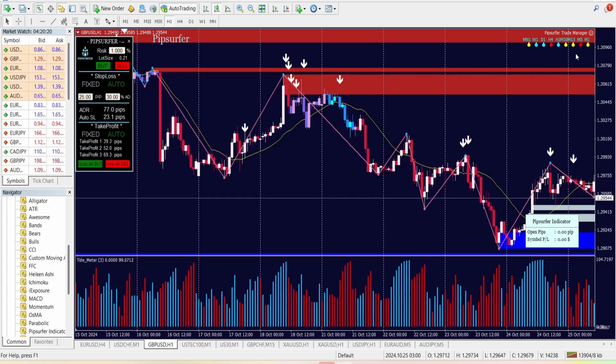Now, the third and final way to look at trend is to look at the market structure lines here. If you're familiar with market structure, an uptrend is higher highs and higher lows. The market is in a downtrend right now, so I'll use that example. A downtrend is lower lows followed by lower highs.